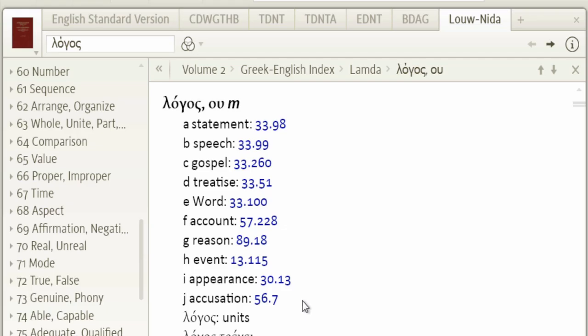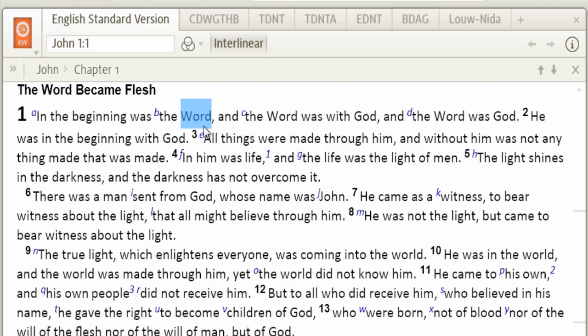But we've looked back at the context here and have determined that out of those different senses, 33.100, which refers to word or logos as a title for Christ, is the one that contextually fits best. This is pretty straightforward with a word like logos, because it really wouldn't fit if we said in the beginning was the account. That wouldn't make sense. So we have a pretty good understanding that it's the title of Christ that's being referred to here.